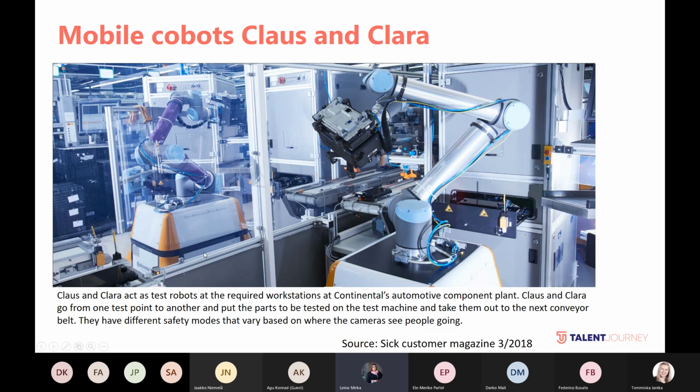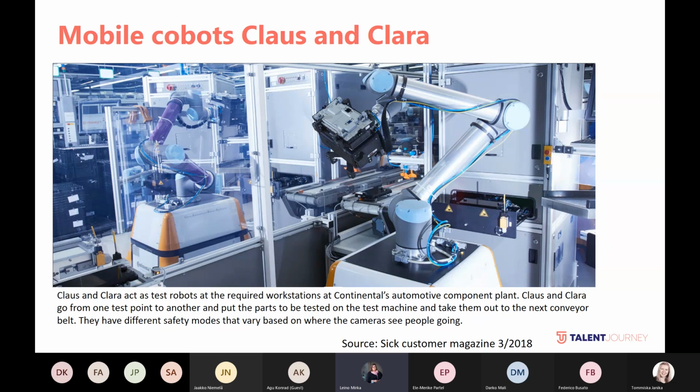So both of them have a mobile robot and a collaborative robot connected together. The mobile robot transports the collaborative robot on its ride from one testing device to another as needed. When the mobile robot reaches the right point, the collaborative robot lifts the last tested part from the test device to the conveyor and transfers the new part to the test device again.